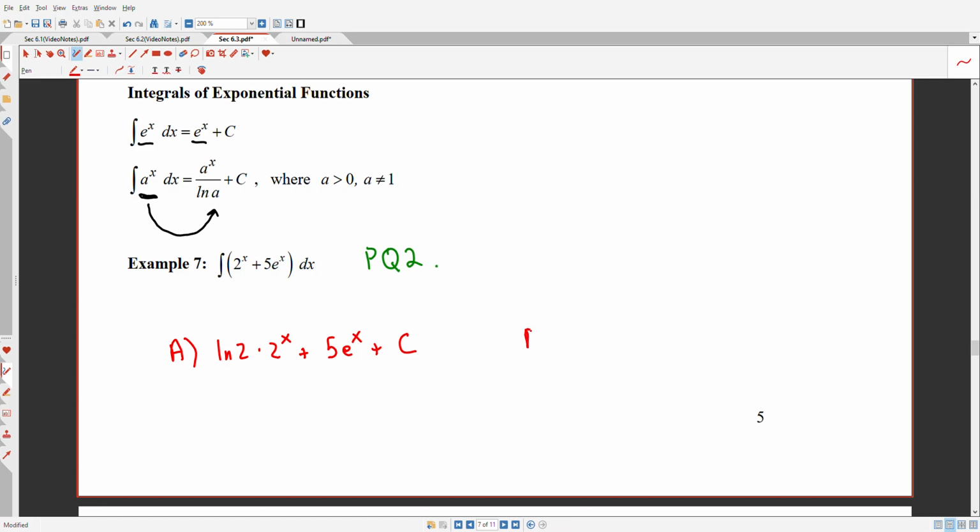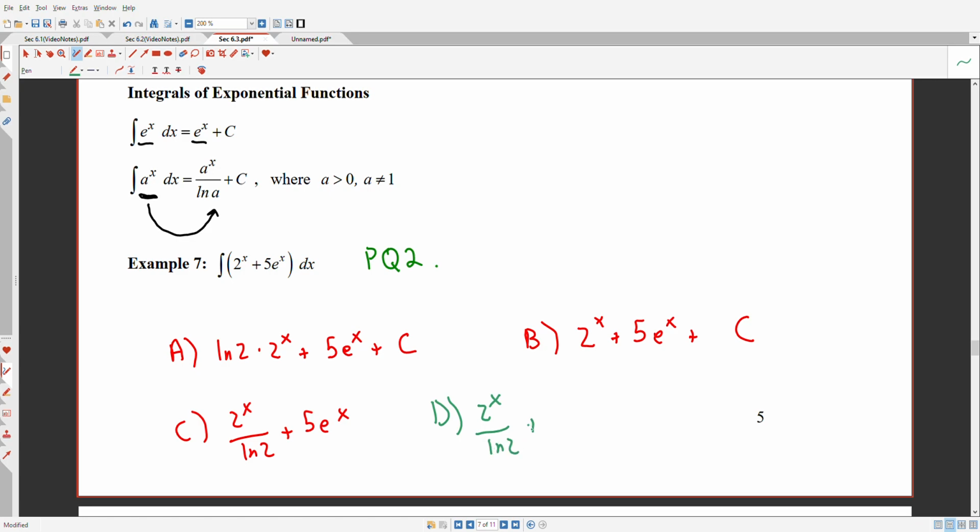Maybe answer choice B will be 2 to the x plus 5 e to the x plus c. Maybe answer choice C will be 2 to the x over natural log 2 plus 5 e to the x. And then maybe answer choice D will be 2 to the x over natural log 2 plus 5 e to the x plus c.